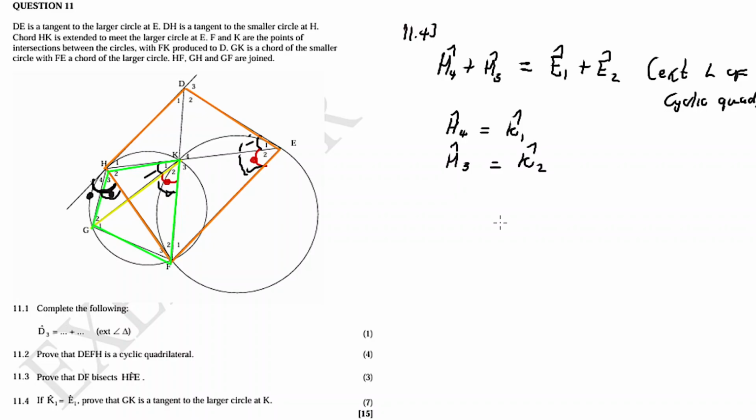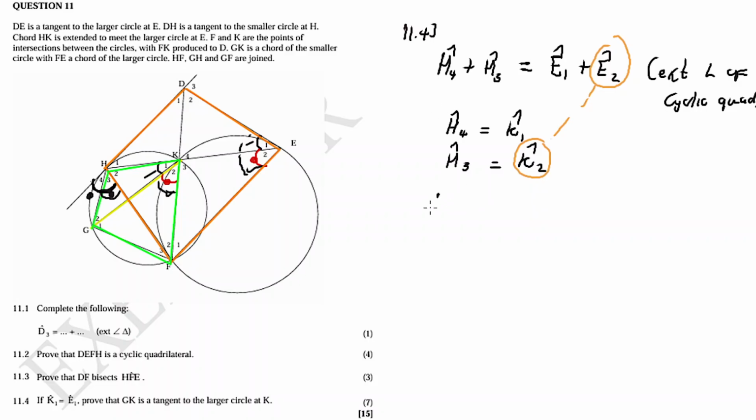So as I was explaining, we need K2 and E2 in the same equation. Once we show that these angles are equal, bam, we have shown that we have a tangent at K.